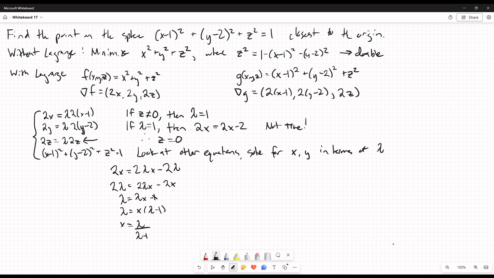We can do the same thing for y. We get 2y equals lambda times 2y minus 2. Let's go ahead and just divide by 2 now. We get y equals lambda y minus 2, or y equals lambda y minus 2 lambda.